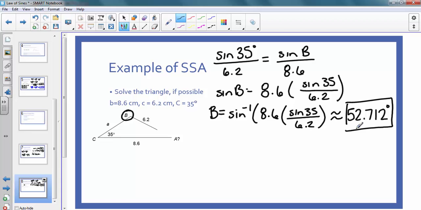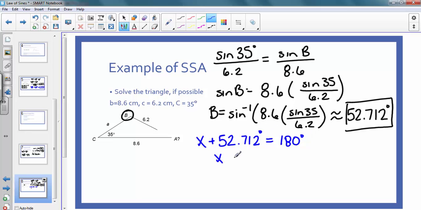Okay, now in order to find the second solution, we need to find the supplement of this angle. So recall that in order to find the supplement of an angle, I need my two angles. So x is what I'm trying to find. This is what I just found. And I need them both to add together to equal 180 degrees.